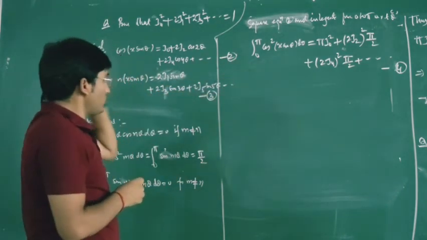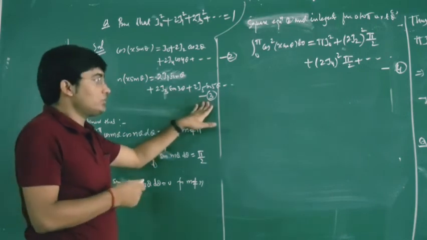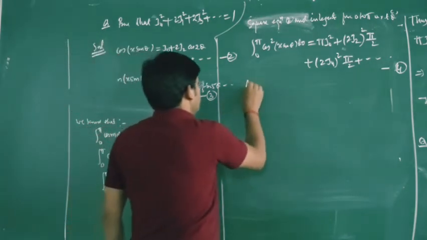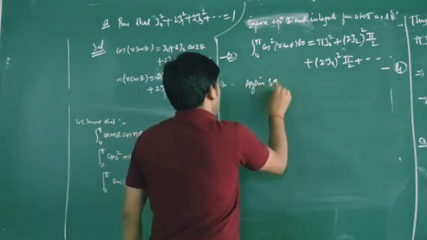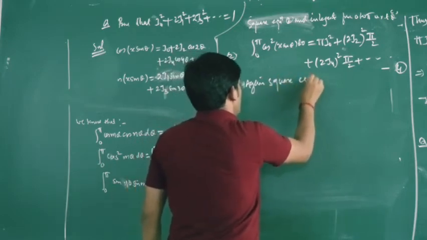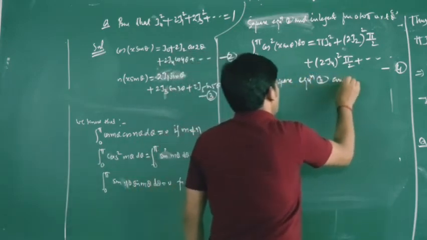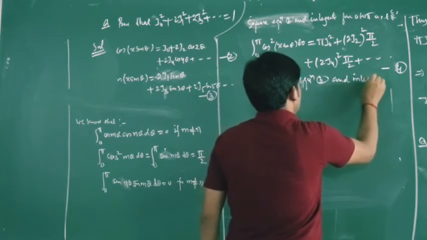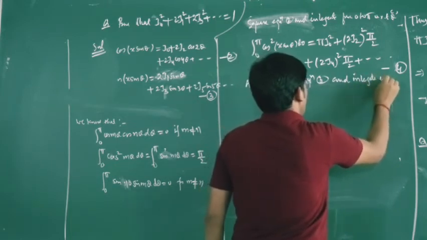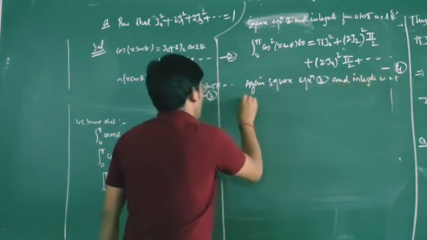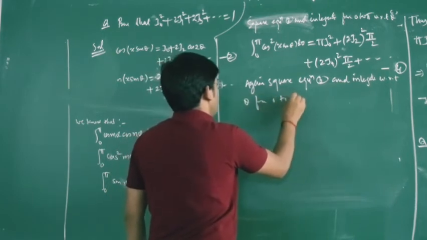Now let us square equation number 3 and then integrate with respect to theta from 0 to pi.